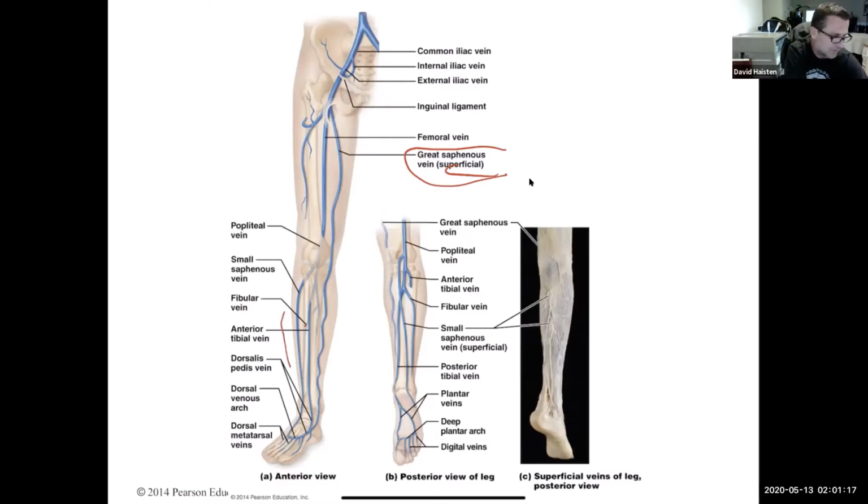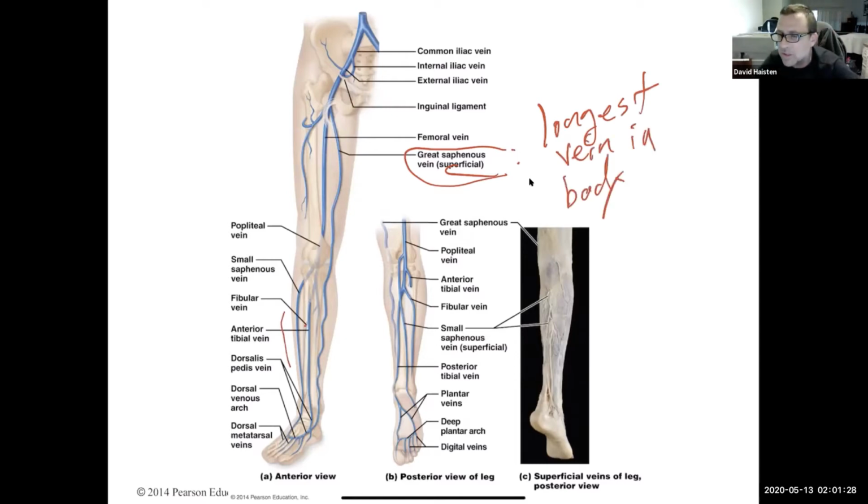The great saphenous vein is the longest vein in your body. When you need a coronary bypass because your coronary arteries are blocked, they basically graft on a new blood vessel to bring blood to your heart.